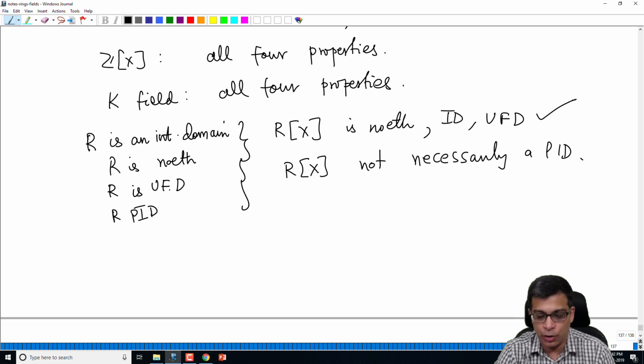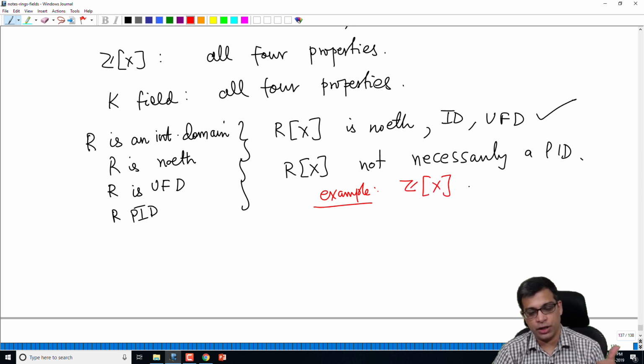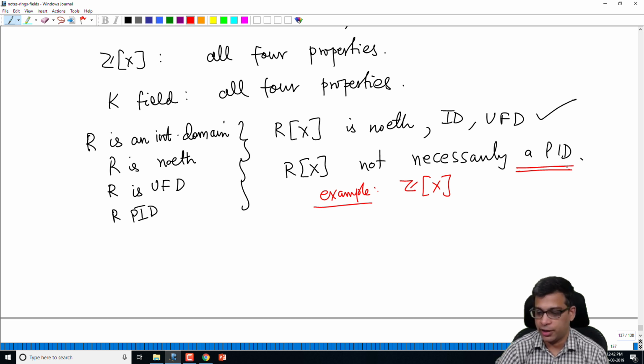The polynomial ring in one variable inherits 3 of those properties. It is Noetherian, an integral domain, a UFD, but not necessarily a PID. What is the example? The simplest example is Z[x]. Z is Noetherian, an integral domain, UFD, PID, but Z[x] is not a PID. So the property of being a PID is not inherited when you attach a variable.